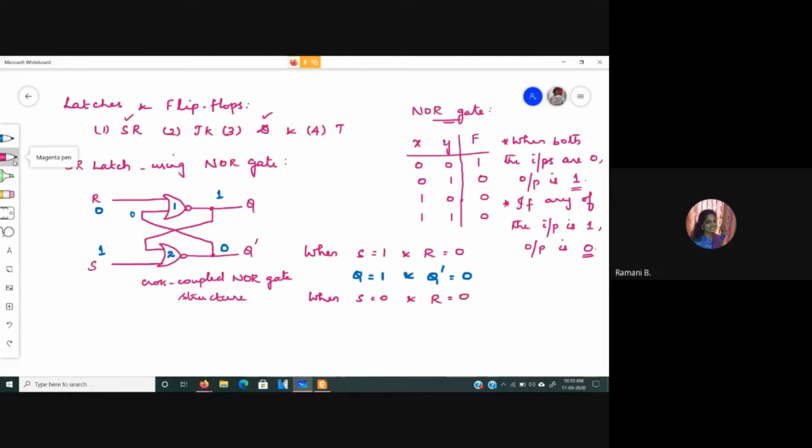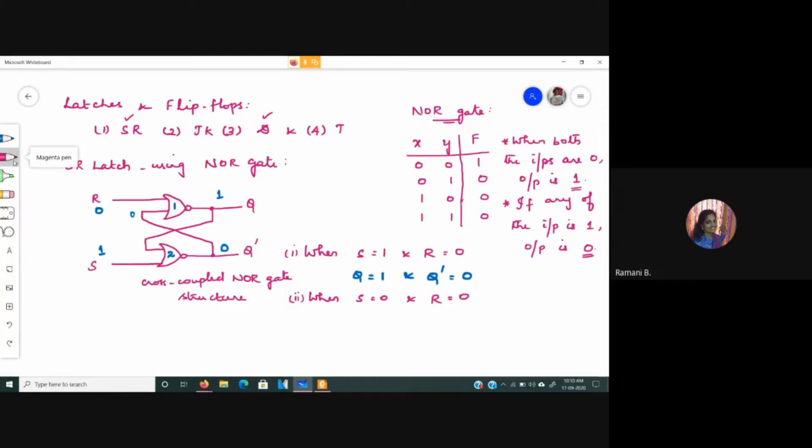Next, let us see the case when S is equal to 0 and R is equal to 0. While analyzing, you have to keep one thing in mind: if one of the inputs is given to be 1, you straight away start analyzing from that particular gate. Now with S equal to 0 and R equal to 0, you cannot say what the output of a gate is going to be without knowing the previous input value.